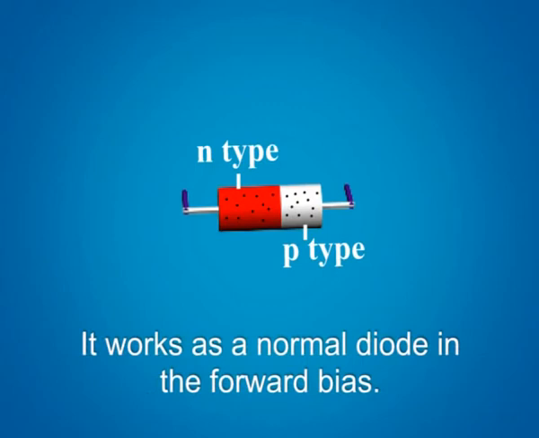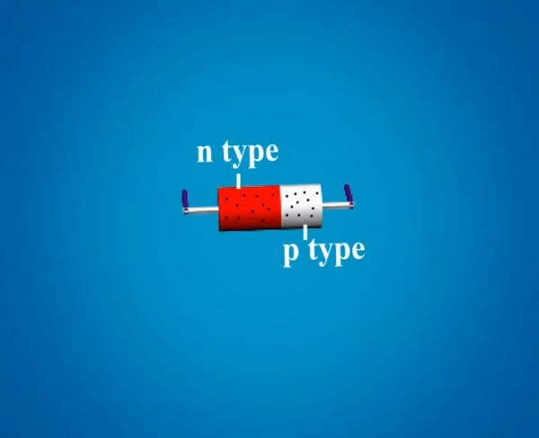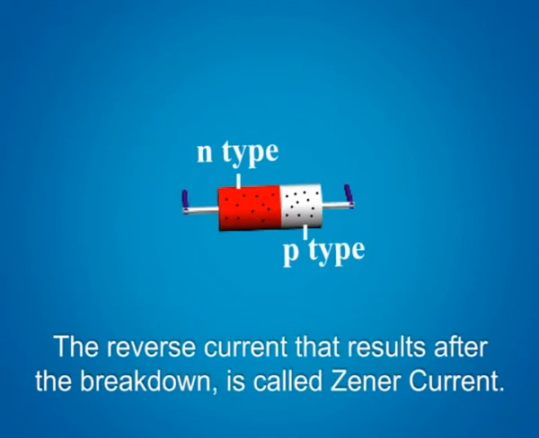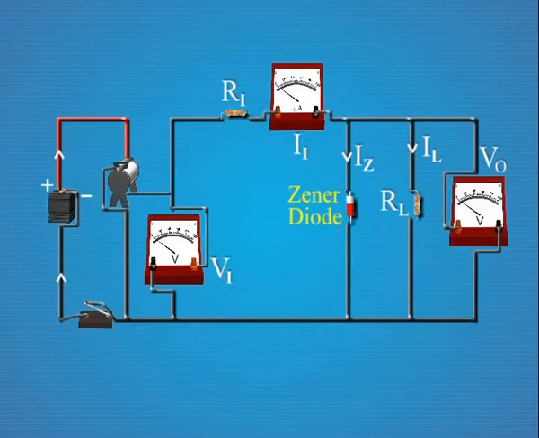It works as a normal diode in the forward bias. The reverse breakdown voltage of Zener diode is called Zener voltage, denoted by Vz. The reverse current that results after the breakdown is called Zener current. The circuit diagram is as you can see here.